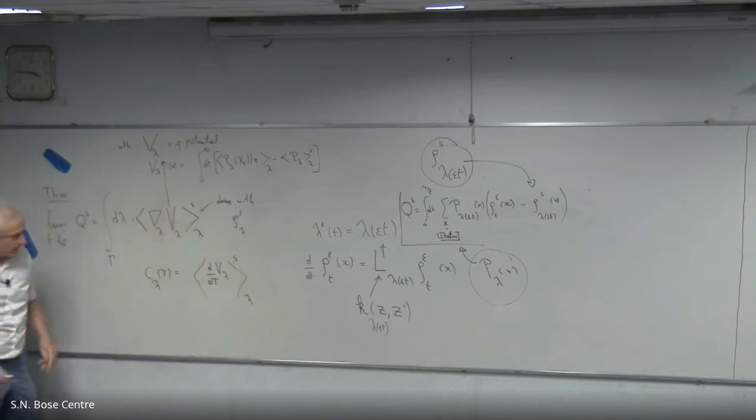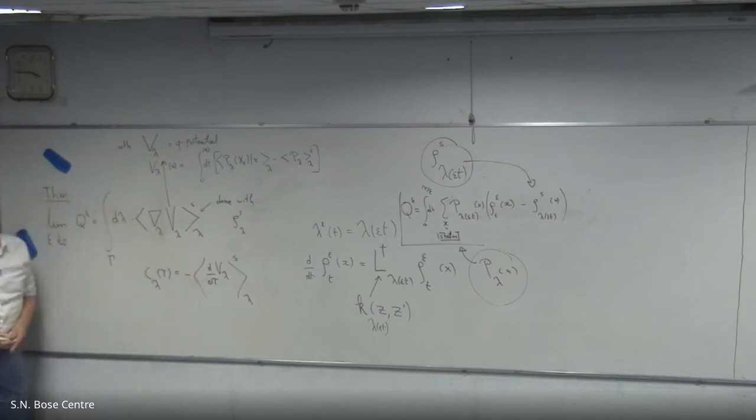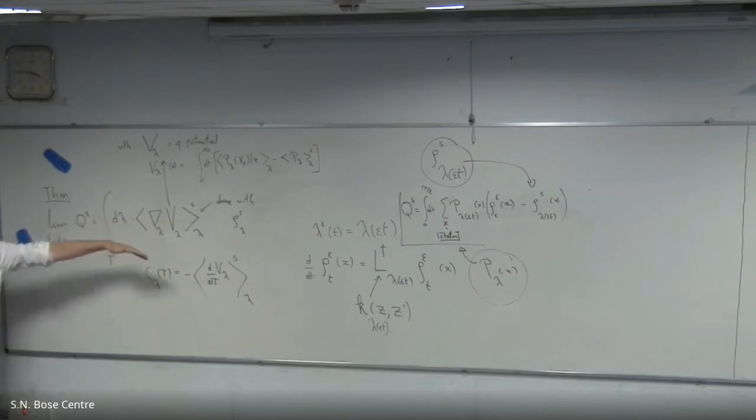Lambda is temperature and all the rest, except that I now add a minus sign. Why? Because the convention is that heat capacity is related to the flux into the system. Well, this is the flux outside the system toward the lambda. So just this silly minus sign that enters there.